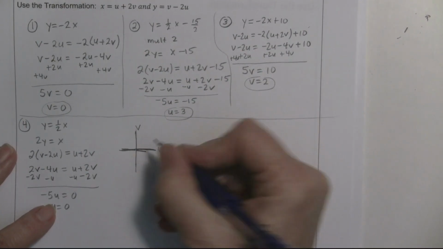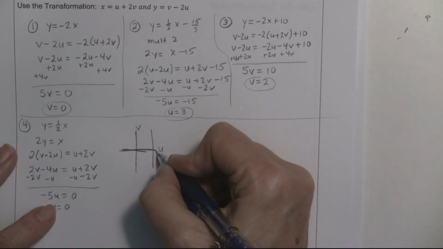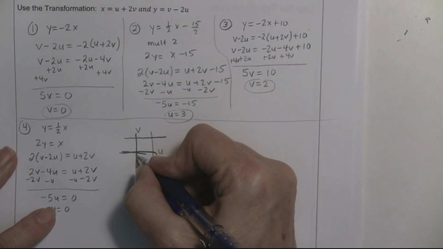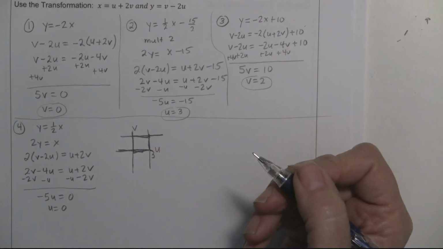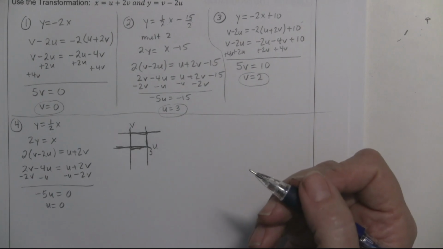U equals 3 is right here at 3, and V equals 2 is right here. So we're going to be integrating over this, and that's the very first thing that we started integrating over, things that were rectangles.